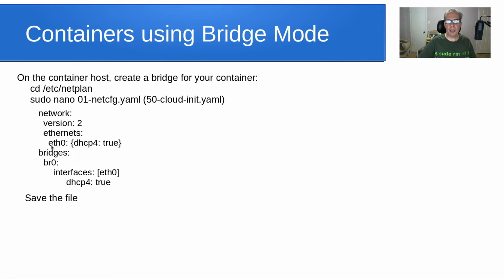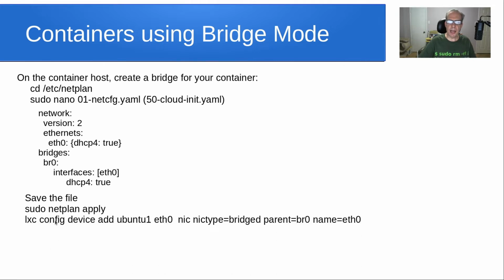This assumes that eth0 is your physical device, and it creates a bridge on eth0 called br0. Probably your device will be called something other than eth0. After you edit and create that file, you're going to do a sudo netplan apply, and that processes those commands and should be adding the bridge.